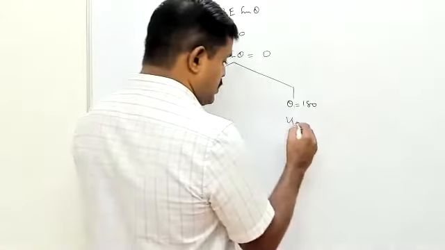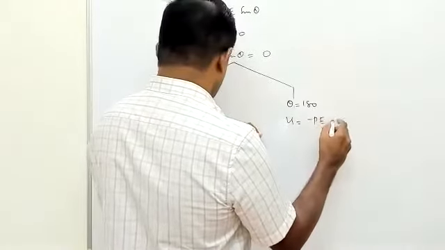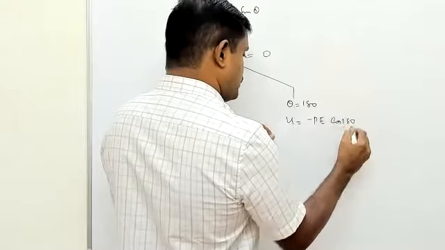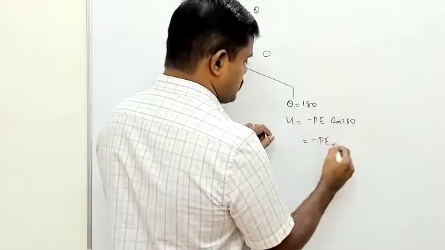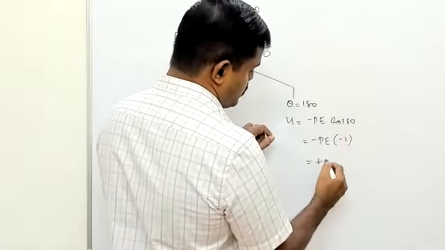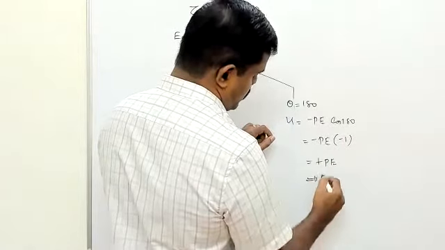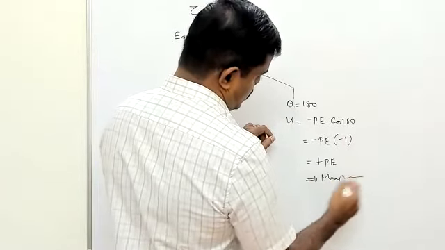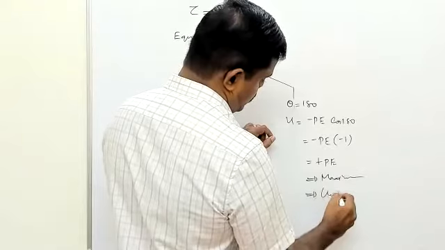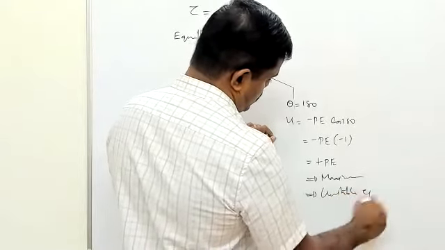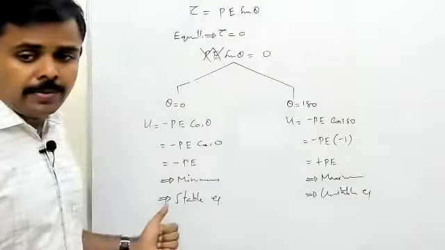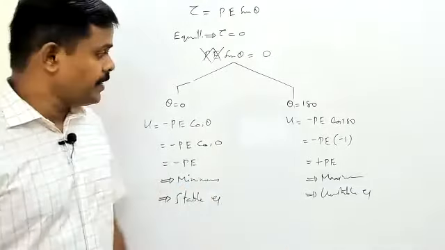Potential energy is minus P E into cos 180 there. Cos 180 is minus 1, so minus P E into minus 1 is plus P E. Plus P E is maximum energy. That is unstable equilibrium. So there can be stable equilibrium or unstable equilibrium.